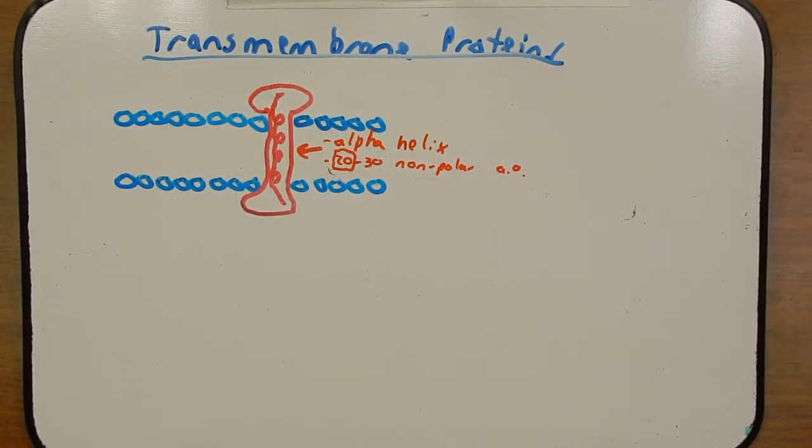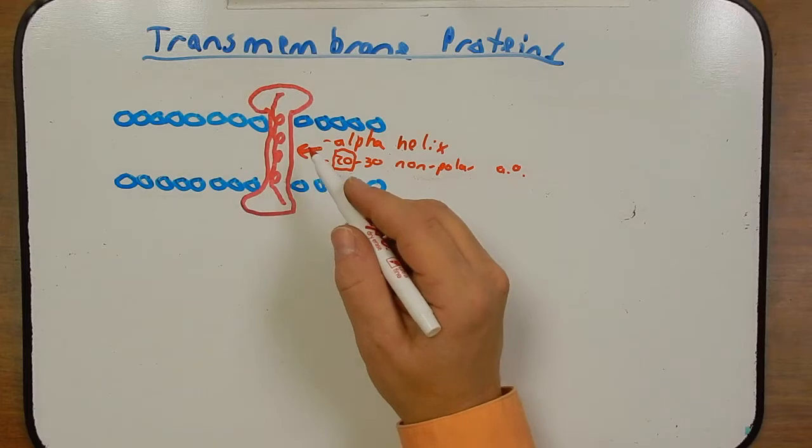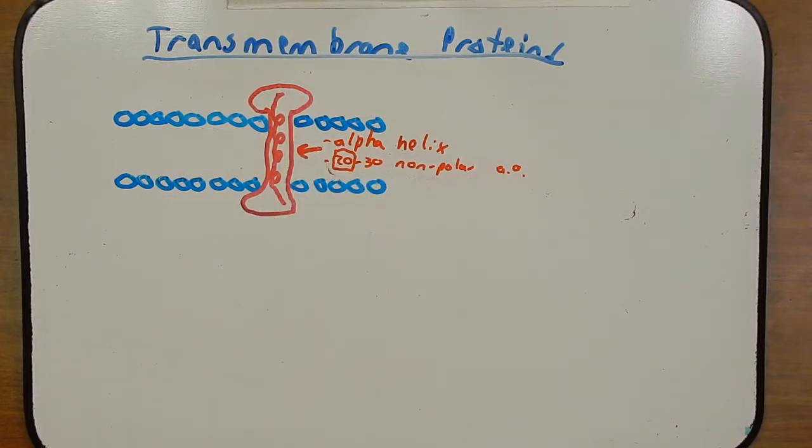When you're looking at a protein and you see 20 nonpolar amino acids in a row, that suggests to you that that is an area that could span the membrane. Doesn't mean it has to, but it could. In previous classes, we talked about alpha helices, and we drew that alpha helical wheel.